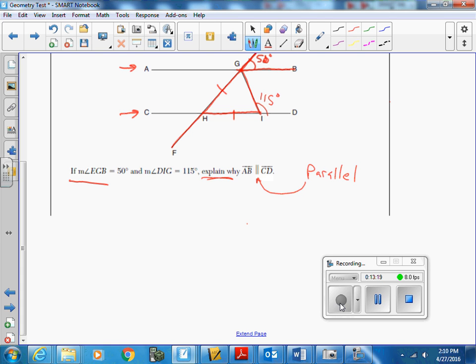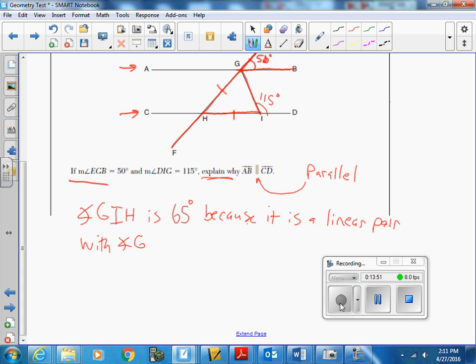We want to explain. So we can say that angle GIH is 65 degrees because it is a linear pair with, hopefully you see it, what's it a linear pair with? GID, with angle GID.